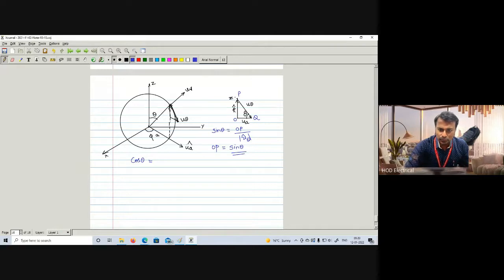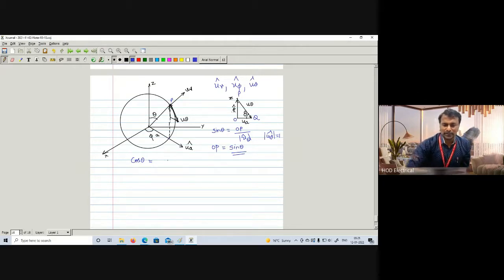The unit vector along this direction, u theta, has magnitude equal to 1, since we have the unit vectors u_r cap, u phi cap, and u theta cap. This u_a is the projection of the point in this plane, and the distance between the origin and this point is a, so we are considering the u_a vector.